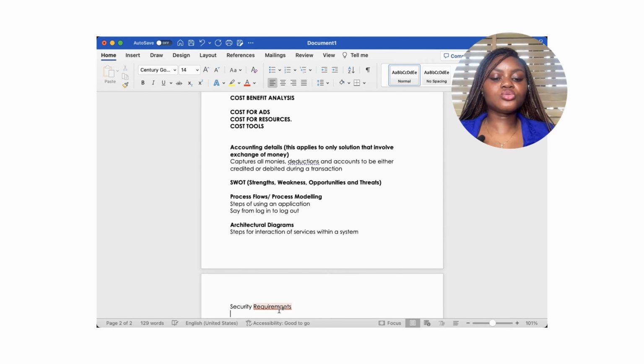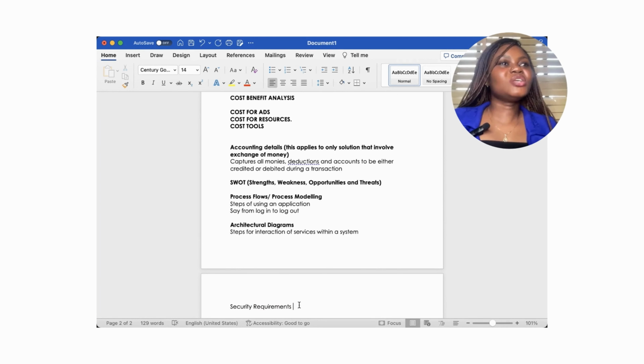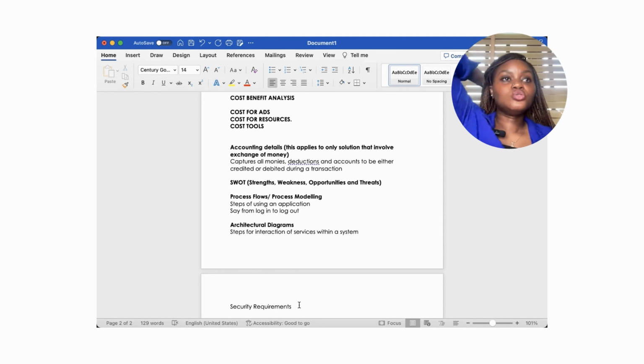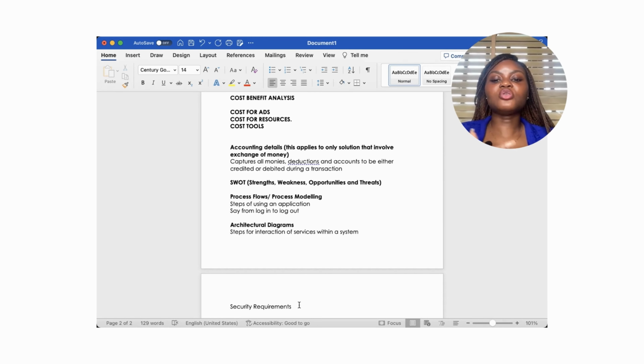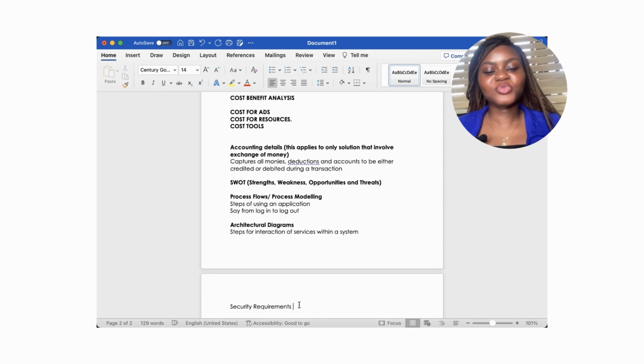So let's go into security requirements. Typically, you have in an organization a team that focuses on ensuring that development is done in the best possible standard, following best security standards. And so ideally at this point, as a business analyst, you are not specifically required to come up with the security requirements.